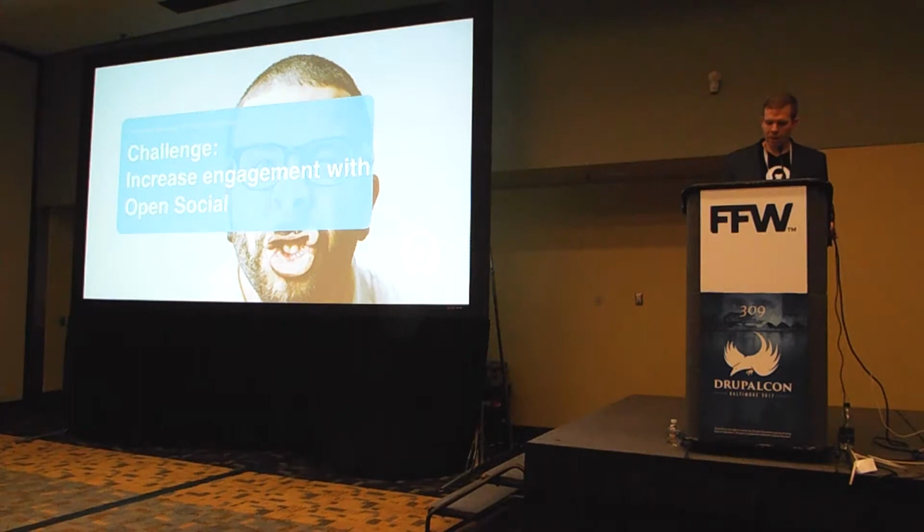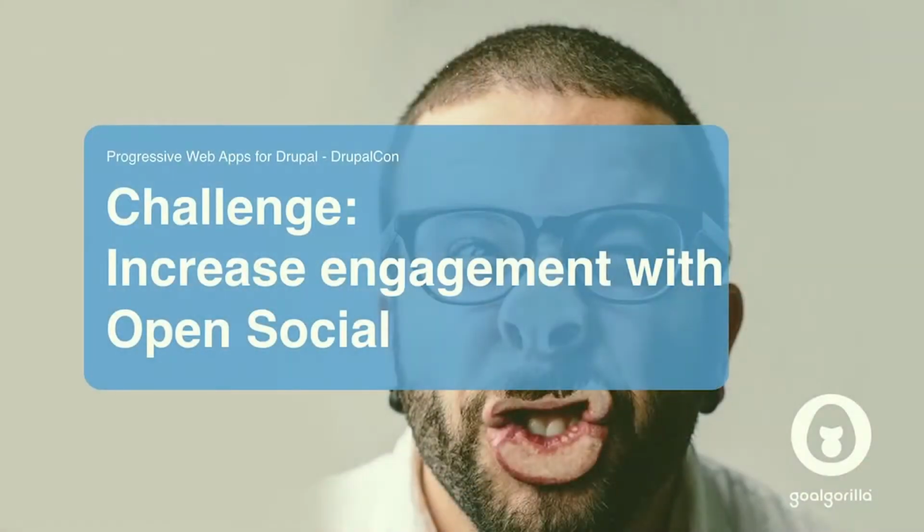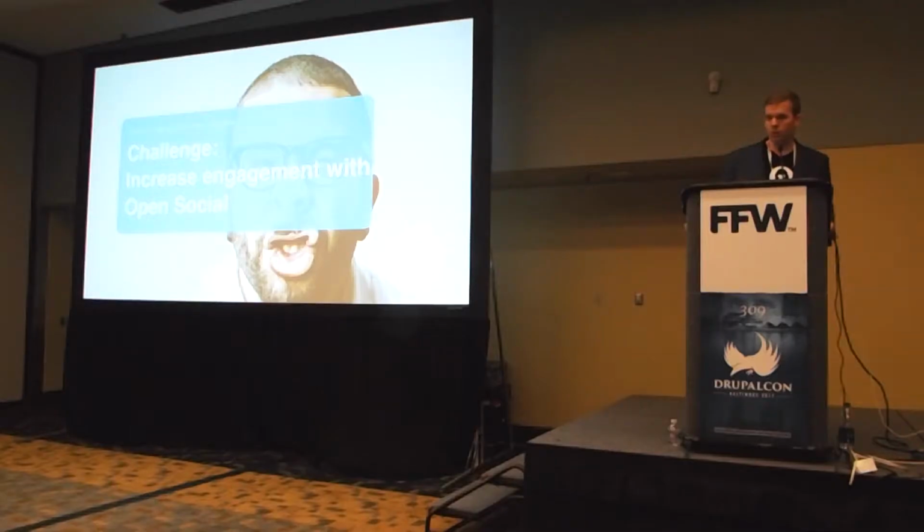So maybe a little bit of background on why I'm having this talk. I already mentioned Open Social. And the challenge for us, because we're building a Drupal 8 distribution that's mainly focused on social communities and intranets, is making the communities thrive and excel. You do that by creating engagement with your users.